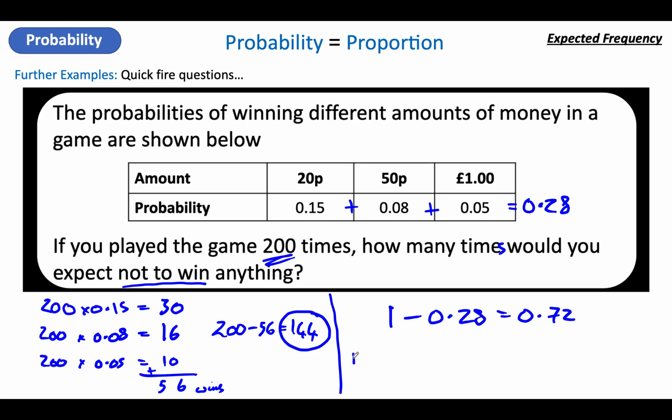So the probability of lose equals 0.72. So that will be the proportion of times that I'm going to lose, because probability and proportion are the same thing, and it equals the same answer, because it's the same question. Just a different way of doing it. Two different ways of doing the same question.